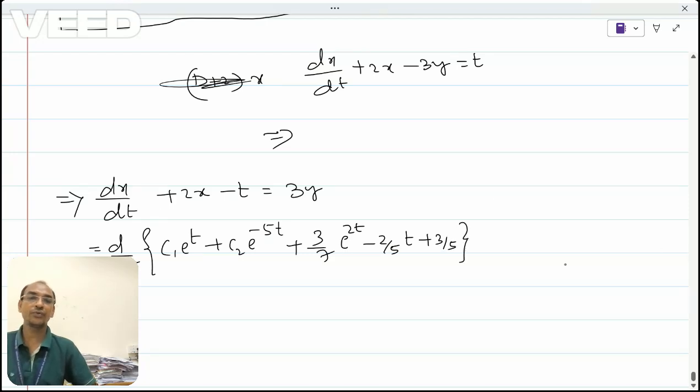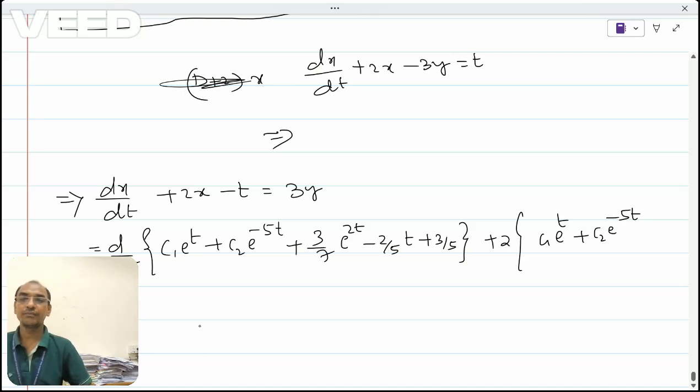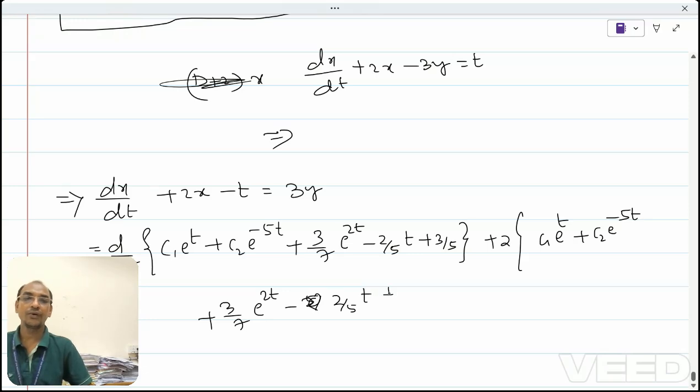This is x plus 2 into x. So x is again c1 e to the power t plus c2 e to the power minus 5t plus 3 by 7 e to the power 2t minus 2 by 5 t plus 3 by 5, and minus t equal to 3y.